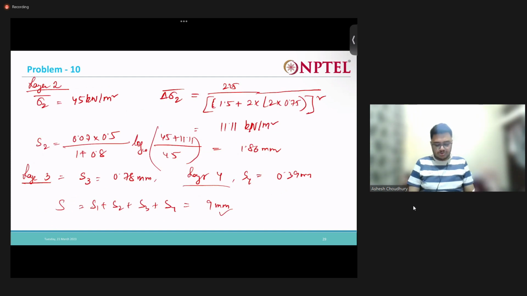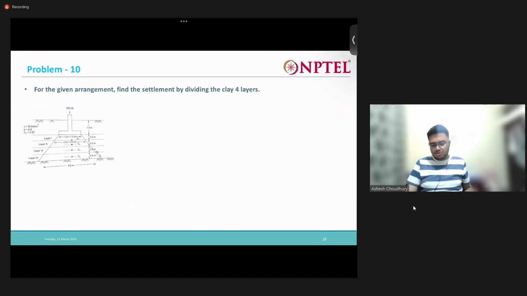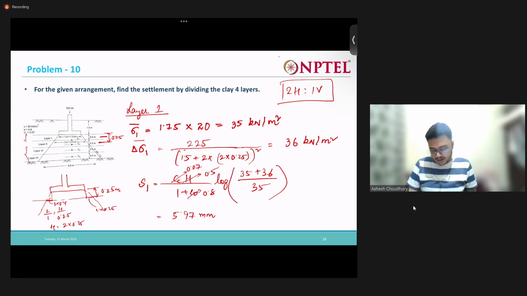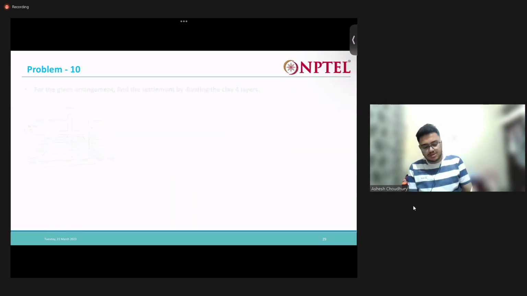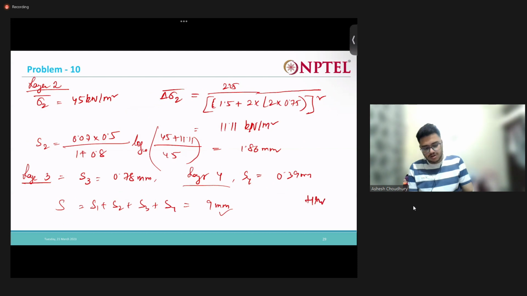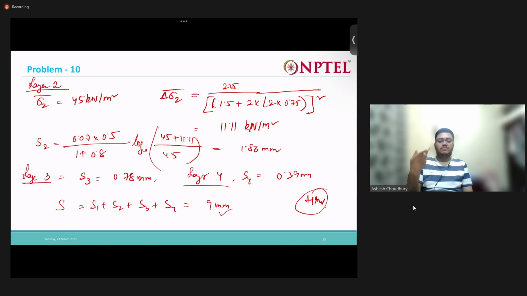If we divide into 4 layers, 9 mm is coming. If we divide it into 2 layers, it will be close to 9 mm, but it won't be the same. So you do this one as homework.